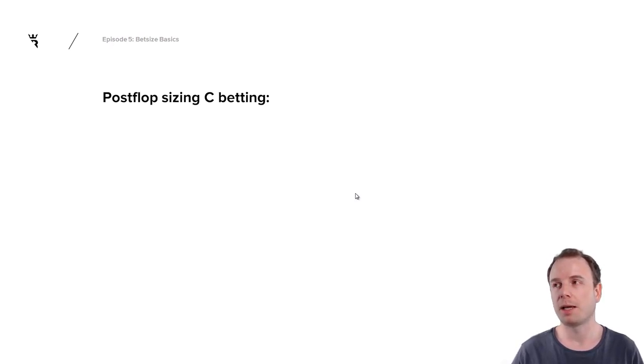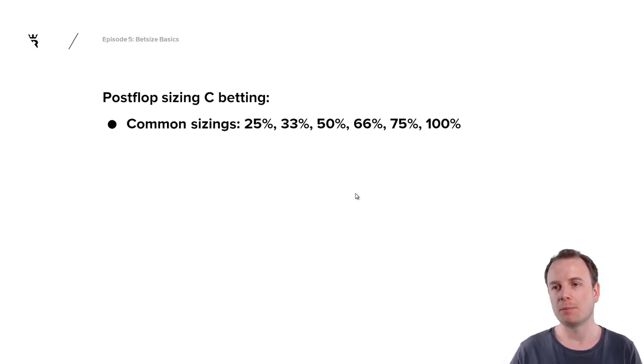One mistake that players tend to make, especially recreational new players, and then the questions that you kind of want to ask yourself when you're deciding how big to c-bet, or just bet post-flop in general. So the common sizings that we kind of come across these days in MTTs are 25% pot, 33% pot, 50%, 66%, 75%, or 100%.